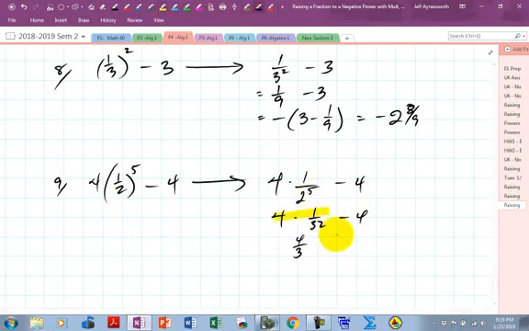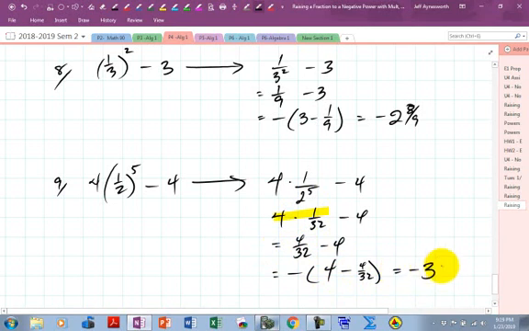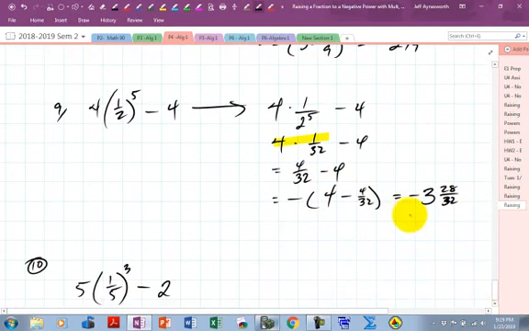So 4/32 minus 4 is a negative number. So you got to be thinking, what in the world is 4 minus 4/32? And that's equal to negative 3, and let me see, 32 minus 4 is 28. So 28/32, and then you simplify it, and both these are divisible by 4, so negative 3 7/8. So you want to simplify.